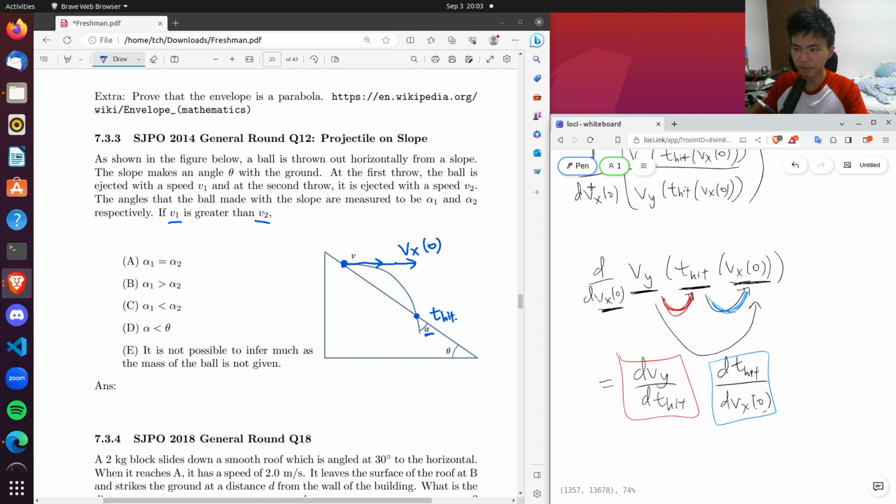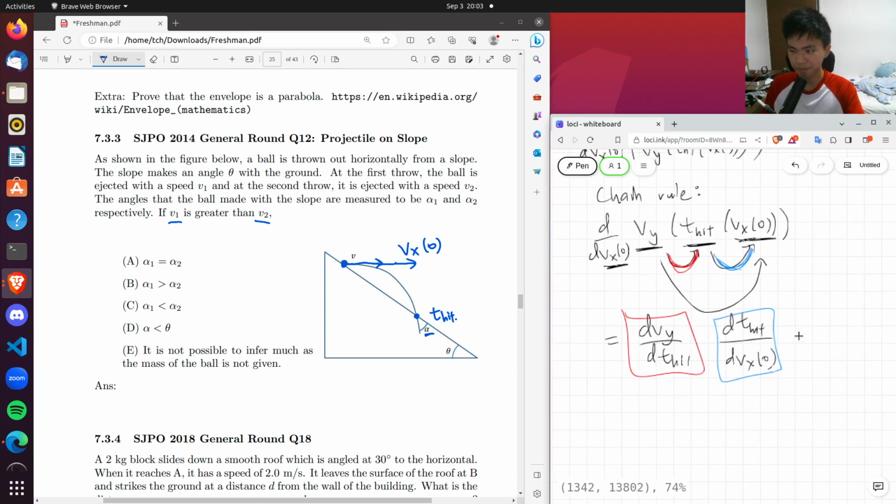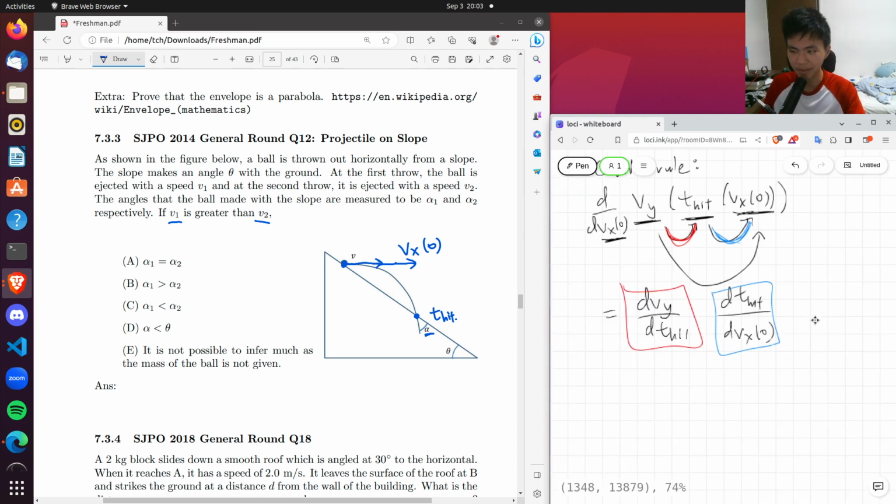Sorry, it's not the multivariate chain rule, it's just the single variable chain rule for differentiation. But the chain rule isn't really necessary over here, because it turns out the dependence is actually linear, so it's quite simple.